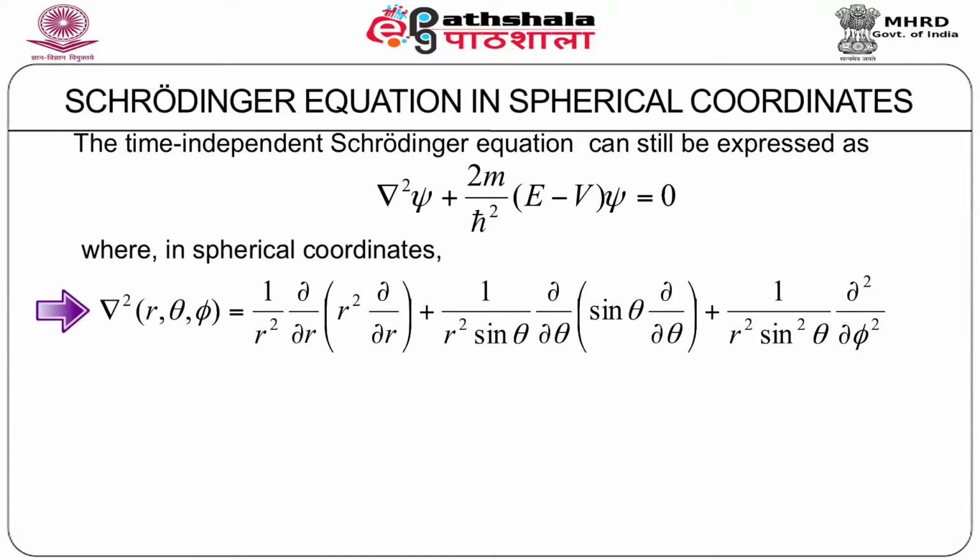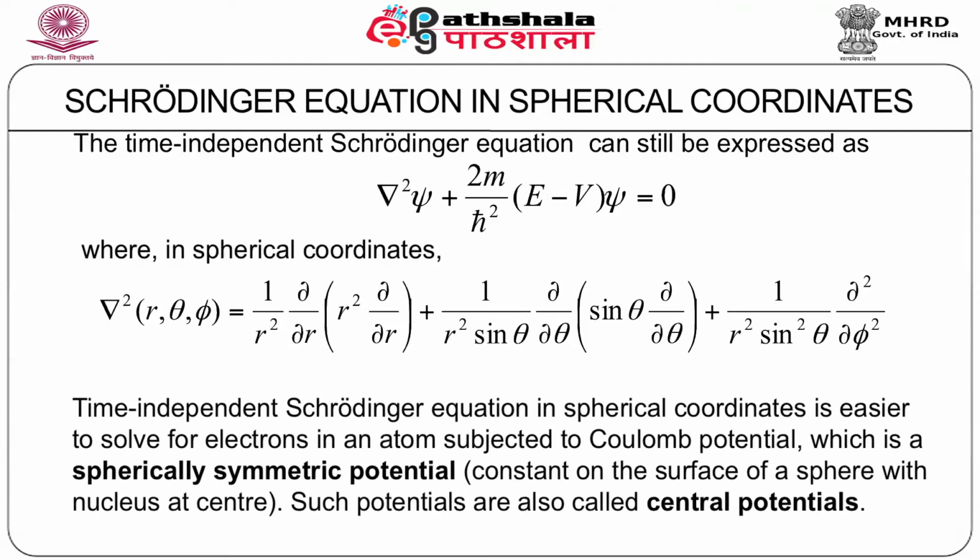If you express del squared in spherical coordinates, it becomes a bit cumbersome, and it takes a few pages to arrive at this result. You can see this as the second equation on the screen, the expression for del squared as a function of r, theta and phi. It looks clumsy compared to what you find in Cartesian coordinates.